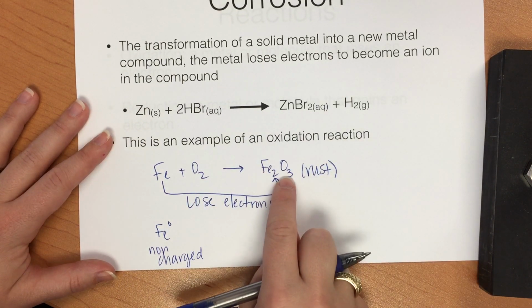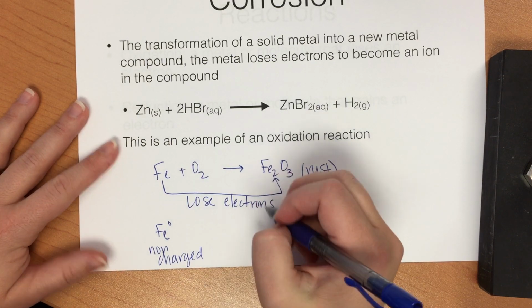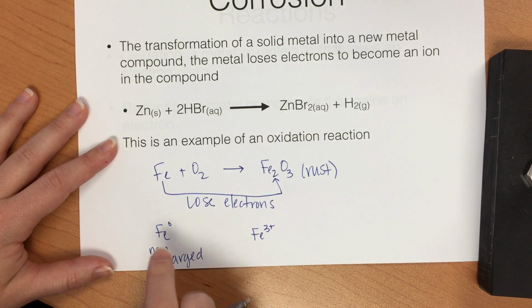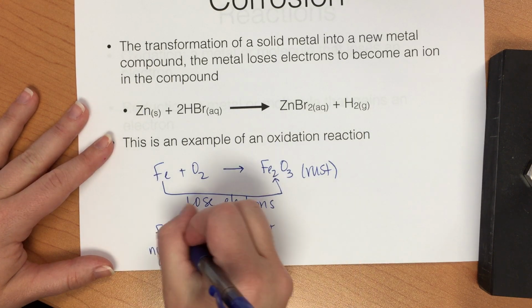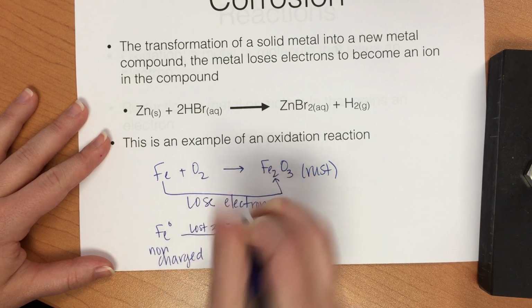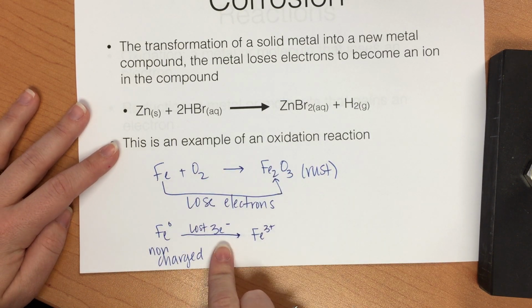In this compound, we know that the charge on the iron is going to be 3+, and so in order to get here, this iron has lost 3 electrons. I'm going to note that as an e-, which is an electron.